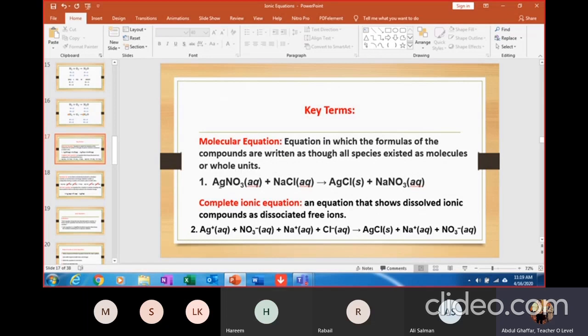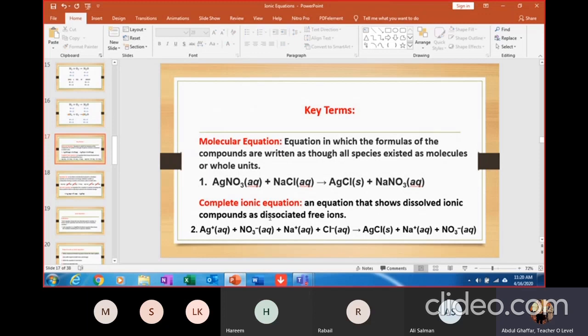Simply, it is the starting equation, with the reactants and the products along with the stated symbols, like solid, aqueous, gas or liquid. That molecular equation is the chemical equation, the chemical reaction.